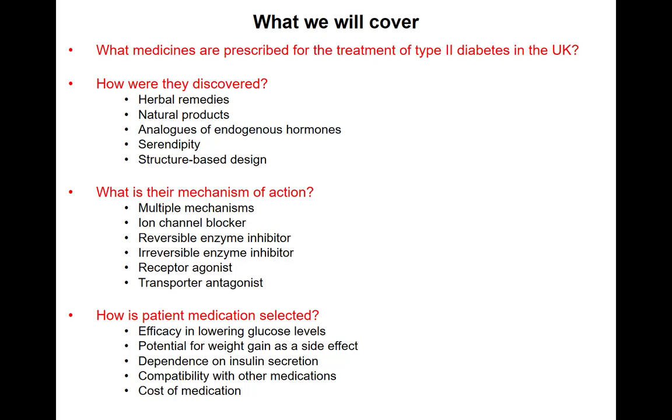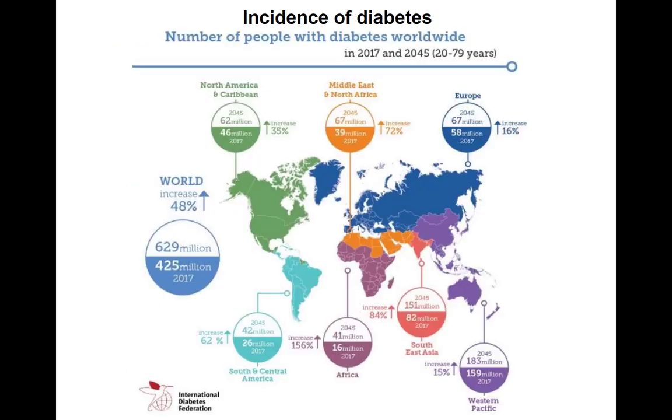And last but not least, these drugs vary quite a bit in their costs. There are some drugs that are quite cheap to make and also relatively ancient, so they are not under patent protection, they are generic, and these are often used as first-line therapy. And there are some of these drugs which are quite expensive, and then the decision to use those drugs will depend on the patient's needs.